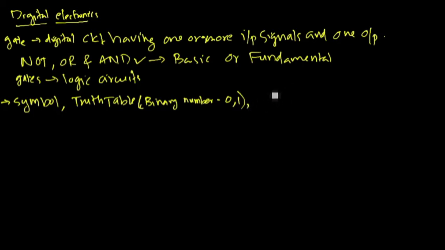Then we will discuss an expression which represents the output of that particular gate in terms of the input. We will have a particular sign to represent that logical operation, and in terms of that sign we will express the output as an equation in terms of the input, which is called the Boolean expression.